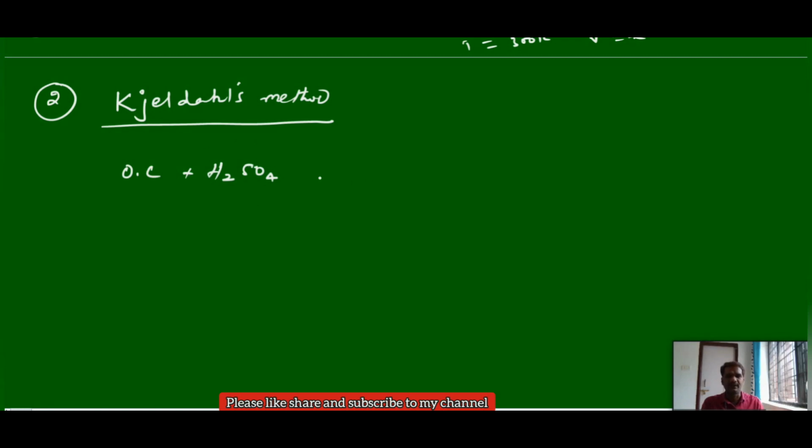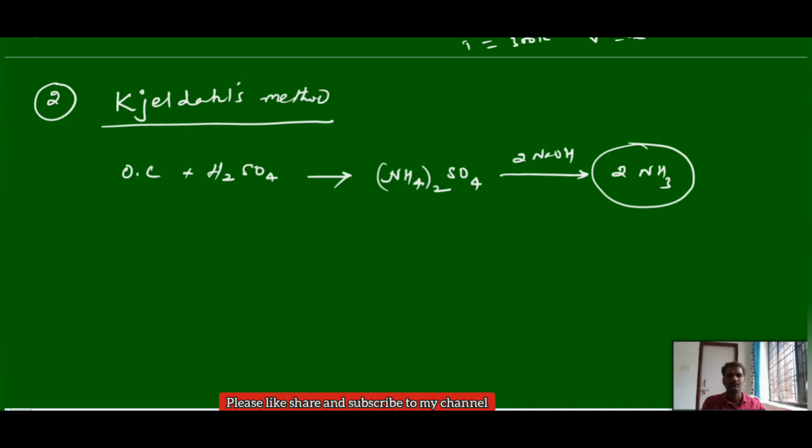When you treat it with sulfuric acid, it will form ammonium sulfate. This ammonium sulfate, further you treat with sodium hydroxide, that can liberate ammonia. So finally we will get ammonia gas. When you treat the organic compound with sulfuric acid followed by sodium hydroxide, you will get ammonia.